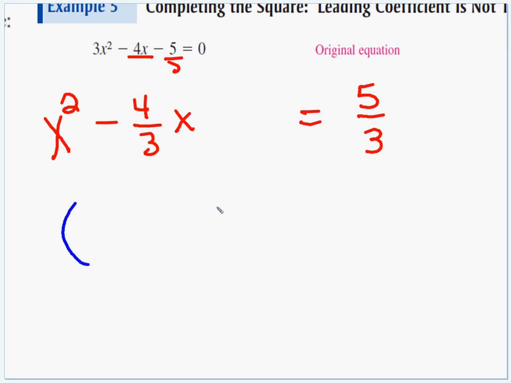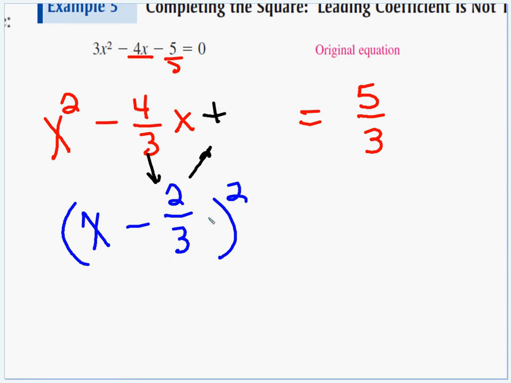Let's figure out our binomial, bring down the x and the minus. Here, our numerator is even, so we can just chop that in half. 2/3. X minus 2/3 quantity squared. And we cut it in half when we bring it down, but we square it when we bounce back up. Numerator squared over denominator squared. So also over here, we're going to add 4/9.